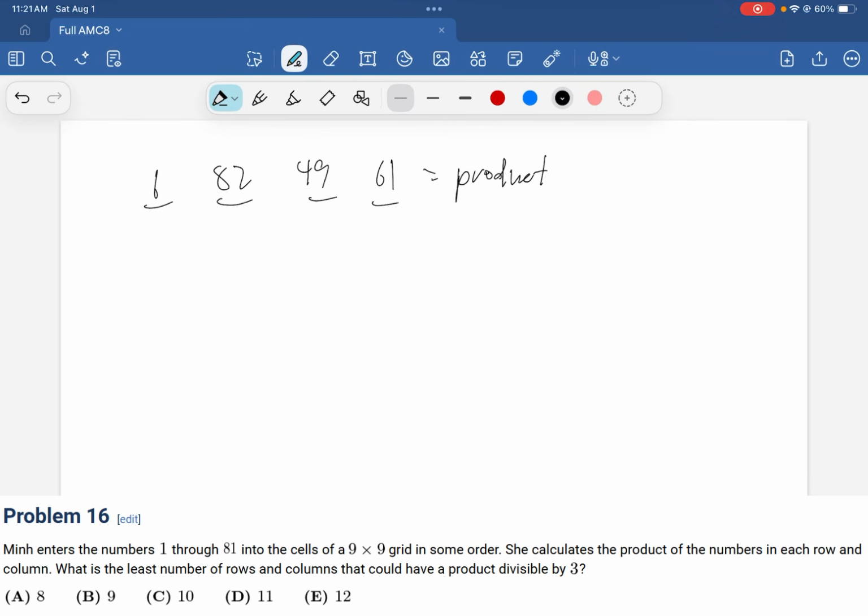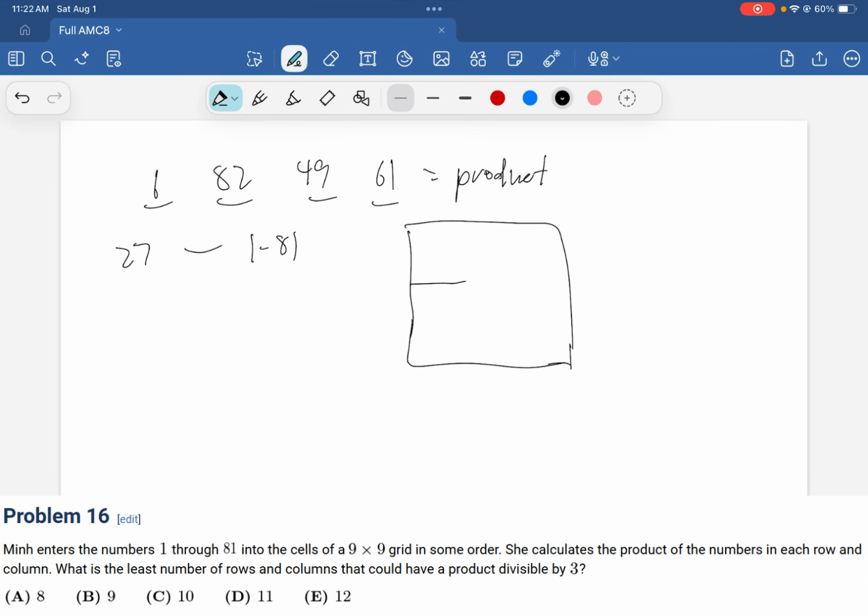And there are 27 multiples of 3 between 1 and 81. And we want to fit them in a 9x9 grid. Now, an intuitive way is to just pack a lot of them into one quarter or one corner.